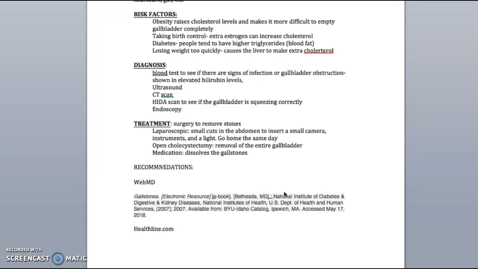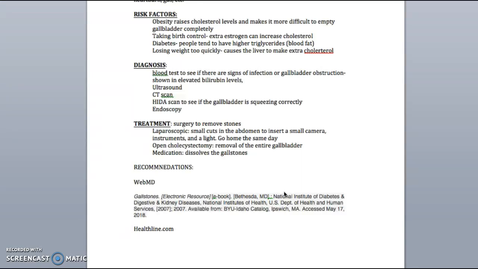The treatment for gallstones is you can have surgery to remove the stones. There are two types of surgery typically done. One is a laparoscopic, which is just small cuts in the abdomen. They go in those tiny cuts with camera instruments and a light, and you typically go home that same day.